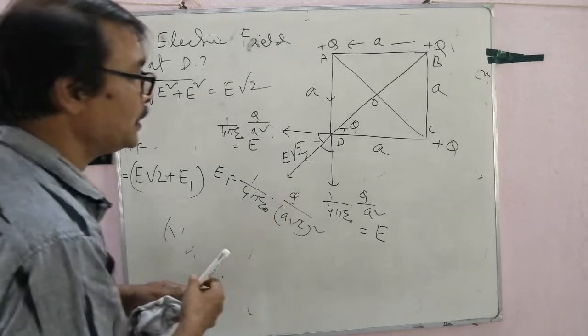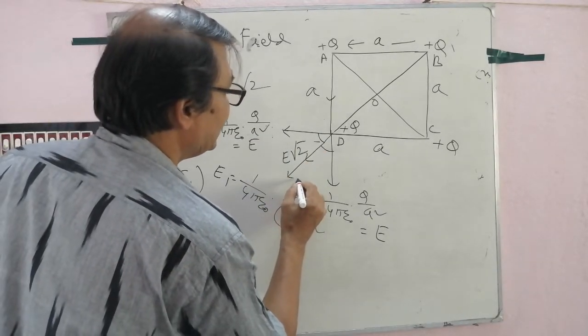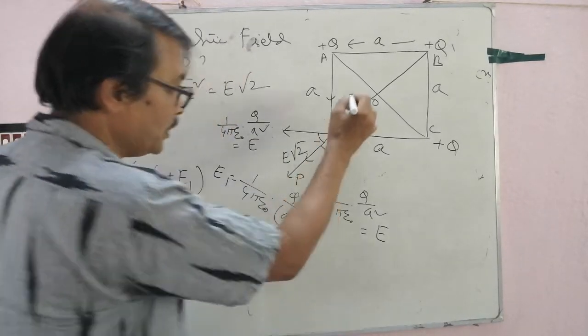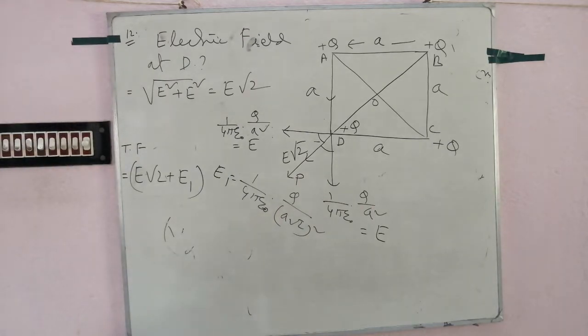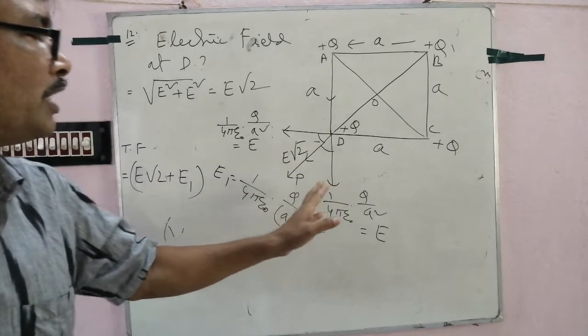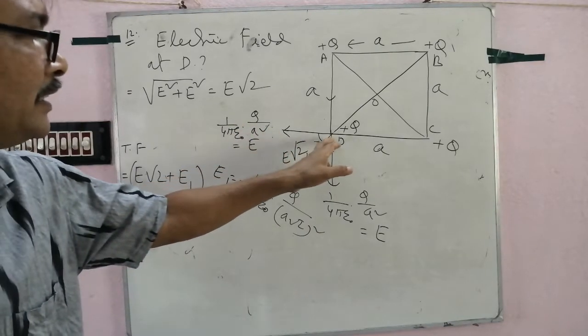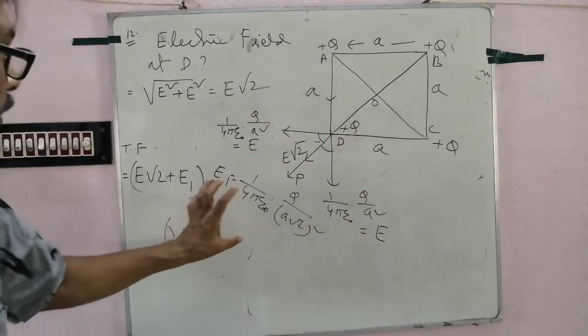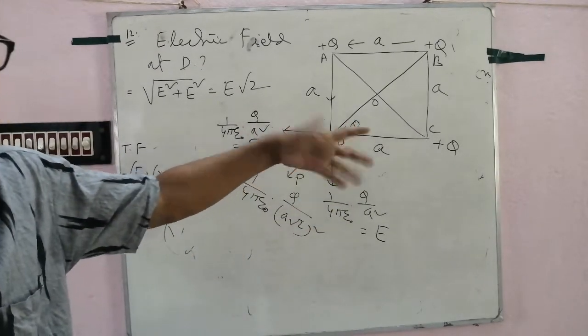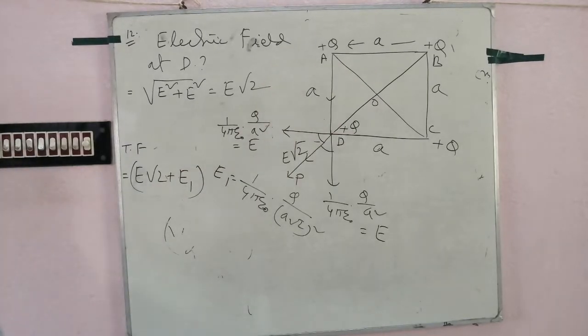The direction will be towards D, suppose in this direction. So we get another question from here. Clear? If we have to find the force at D on the plus Q charge, force equals field into charge. You get the result.